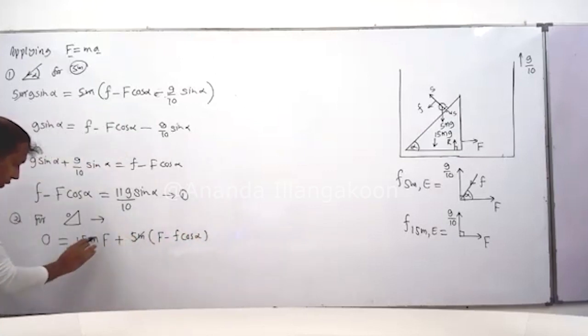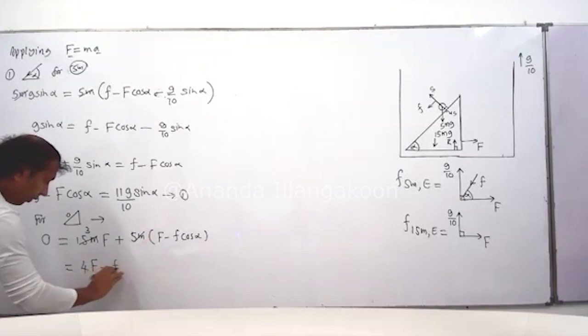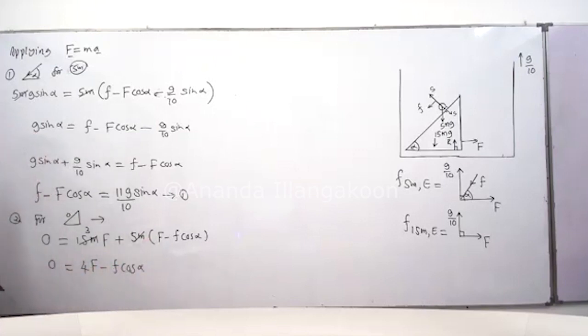We can cancel down by 5m. We get 3 here, then 3F and F, so 4 capital F minus simple F cos alpha is equal to 0. By this we can write simple F as the subject: take this to the side and divide by cos alpha. Then we get simple F equals 4 capital F divided by cos alpha.